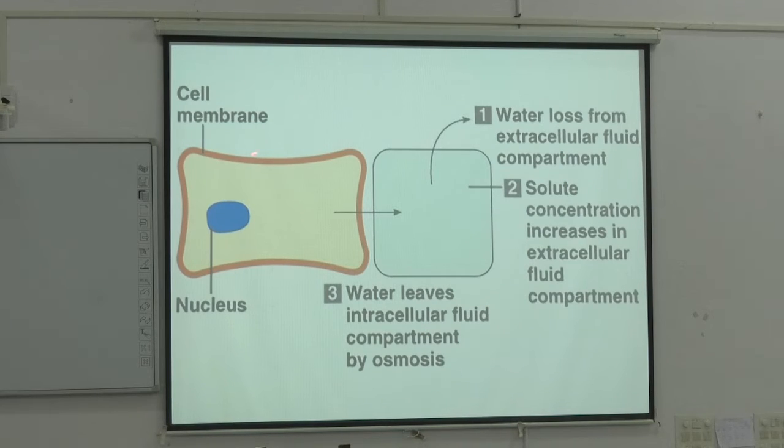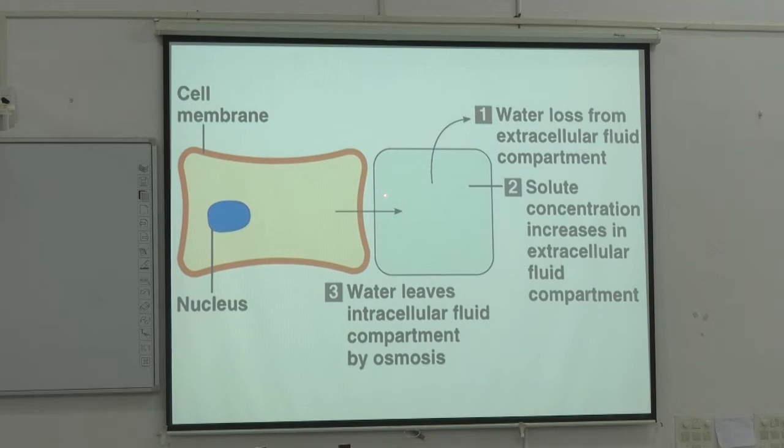Now you see that it contains intracellular fluids; water is lost from the extracellular fluid compartments. There is ICF, intracellular fluid, interstitial fluid and extracellular fluid. Water is lost from the extracellular fluid compartment, and solute concentration increases in the extracellular fluid compartment.